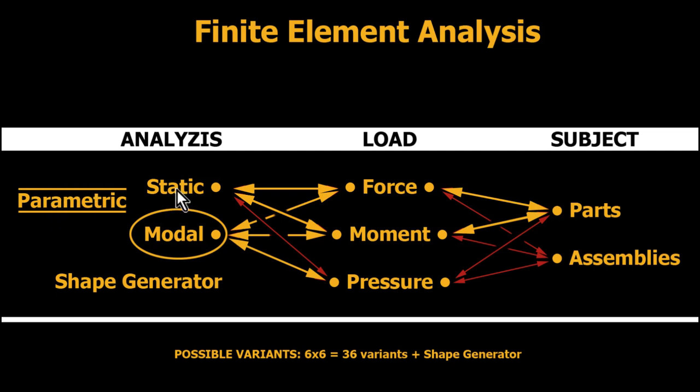After we studied static and modal analysis, I think it is important to mention this new variant, which is applicable to static and modal analysis on parts or assemblies as well.